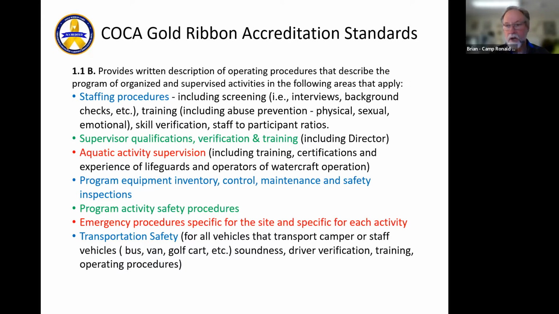What are the ratios that you're going to want for those that you supervise? Once again, we're not telling you what it should be. We're just asking, what is it, and do you practice it in these different areas? That's also true with regard to supervision qualifications, verification, and training. That includes the director, that might be you. What kinds of training, interviews, and background checks have you done for those that you control?